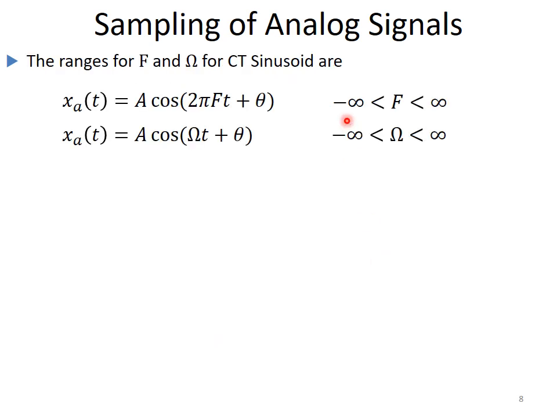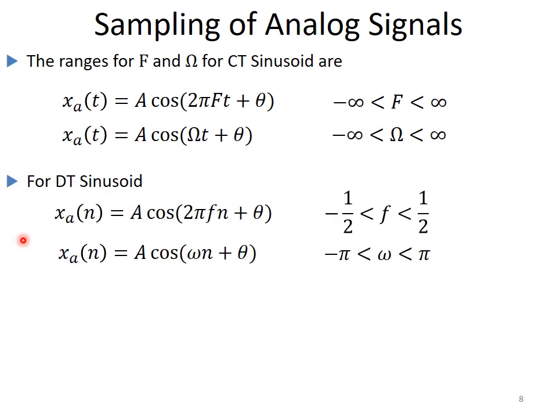The range of frequency variables of a continuous time signal can be from minus infinity to infinity, which means F and omega can have any value from minus infinity to infinity. However, in a discrete time signal, the range of omega can be from minus pi to pi.